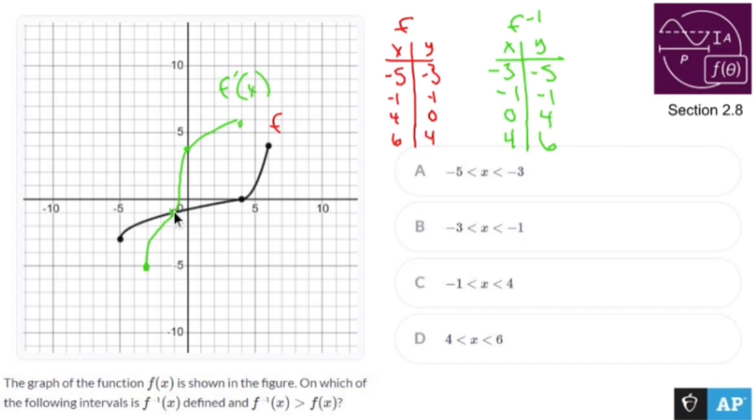So after -1 and all the way to regular 4, because it stops at 4, after -1 to 4 appears to be where my f inverse is bigger than my f.